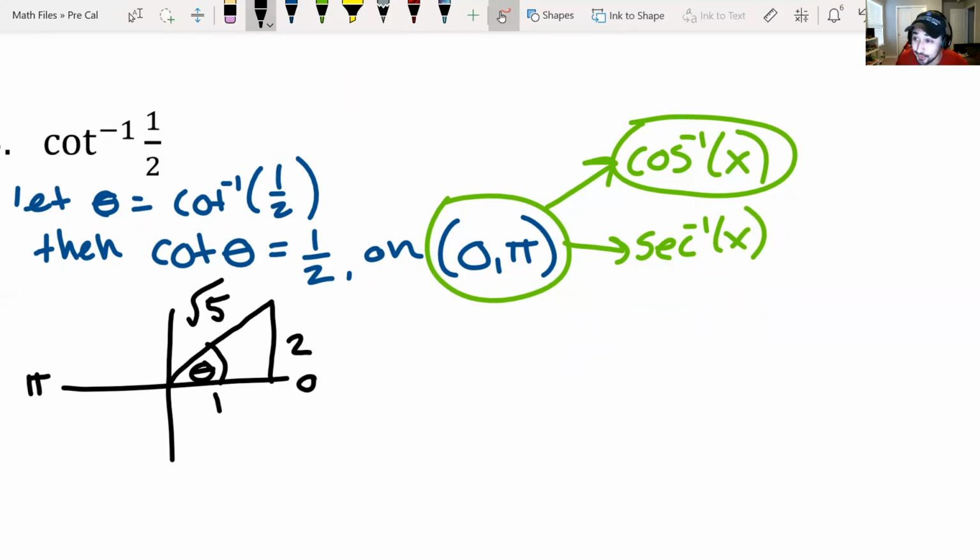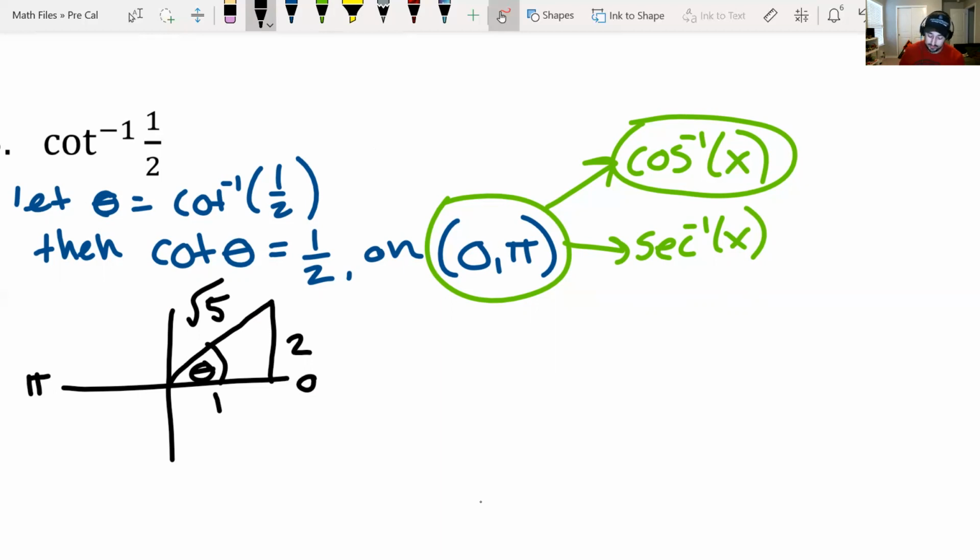And now the answer on how you convert cotangent inverse of 1/2 into cosine. The way to do that is, well, find the cosine of our given theta. Remember, theta contains all the information in the triangle.